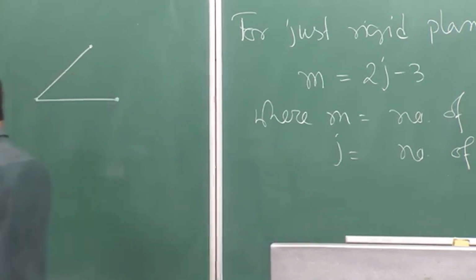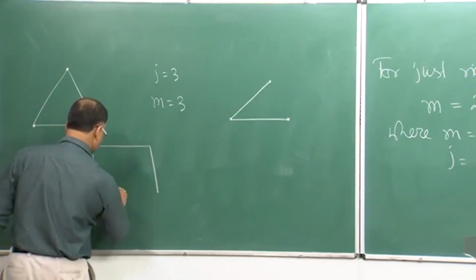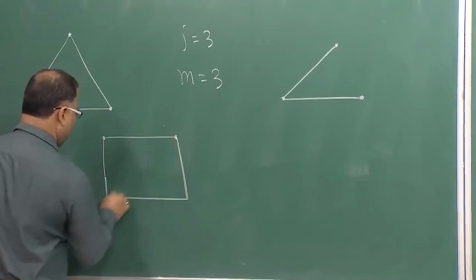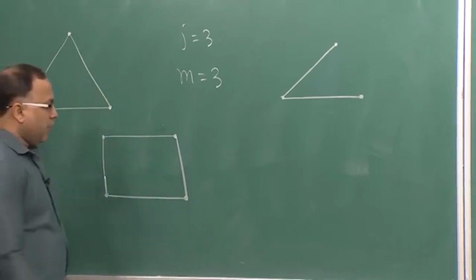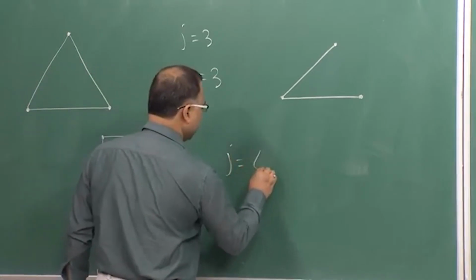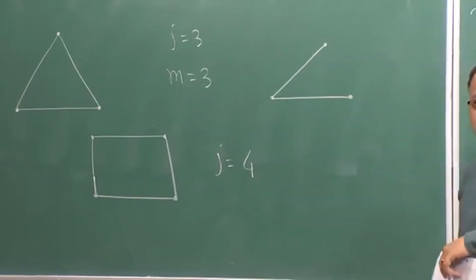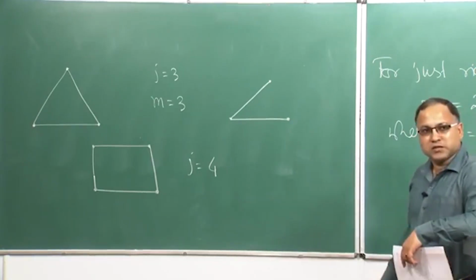Now, talk about this kind of truss, square or rectangular orientation. How many joints are there? 4. You have 4 corners, meaning 4 joints.